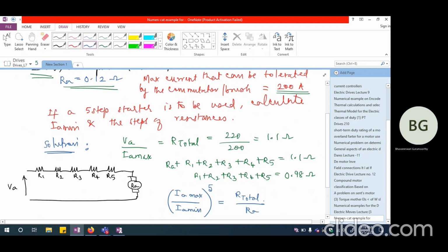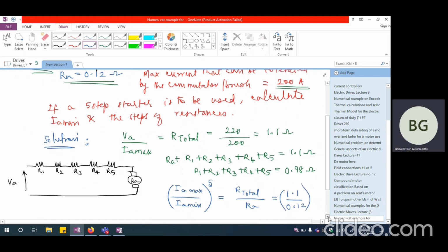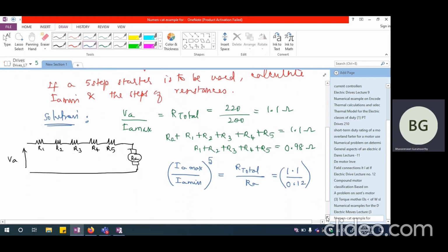So from here, I can write this as R total is 1.1 and RA is 0.12. So I should say 1.1 divided by 0.12 whole power 1 by 5.